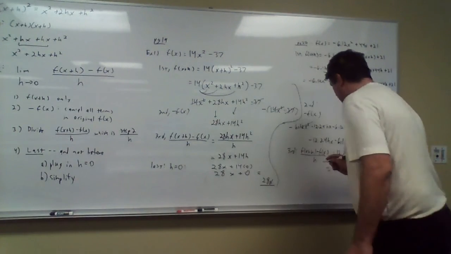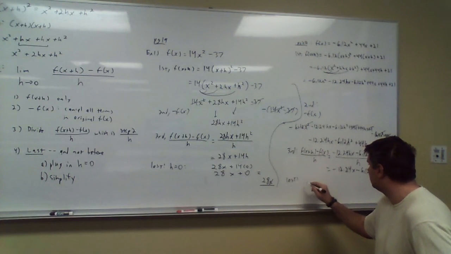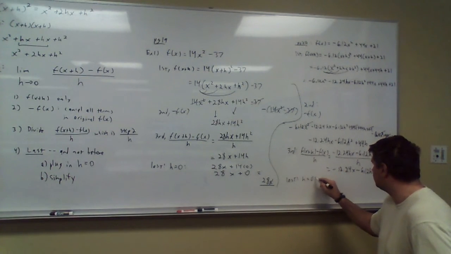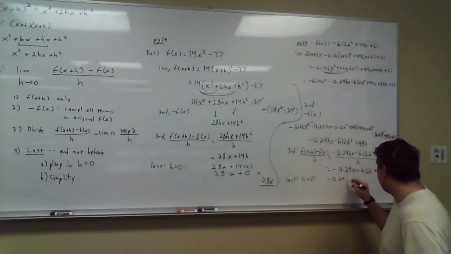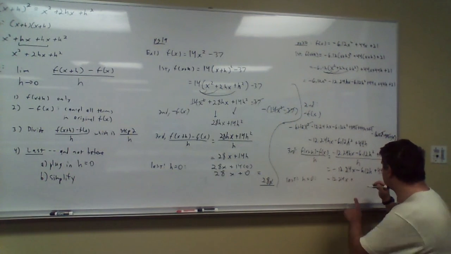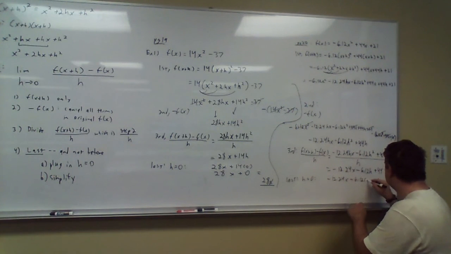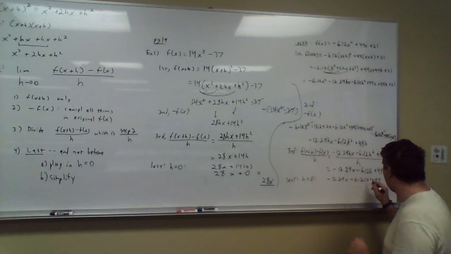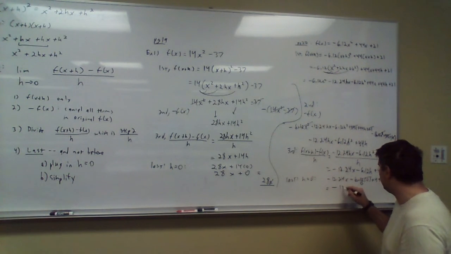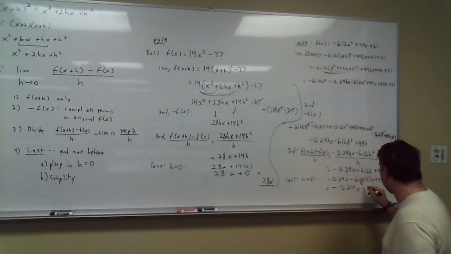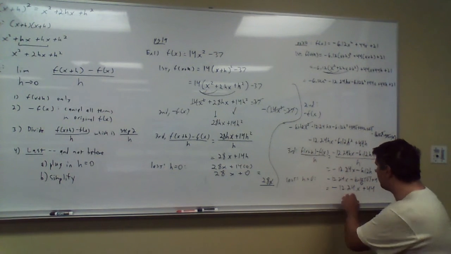So, last, h equals 0. So we have negative 12.24x plus minus 6.12 times 0 plus 44. And that's 0, so we have negative 12.24x plus 44. Okay? That's what's called the derivative.